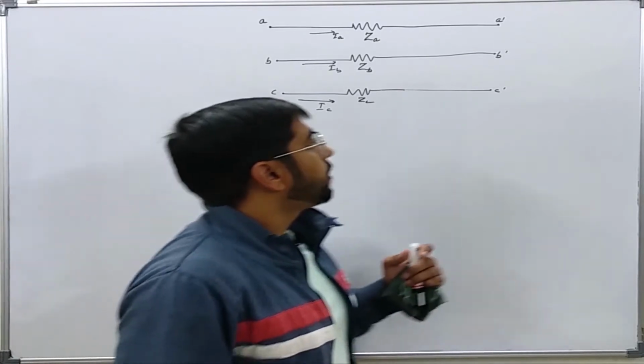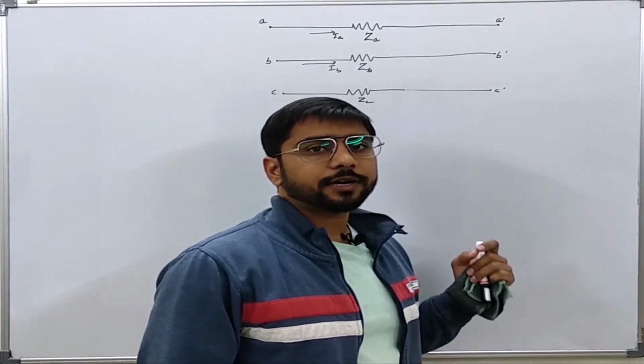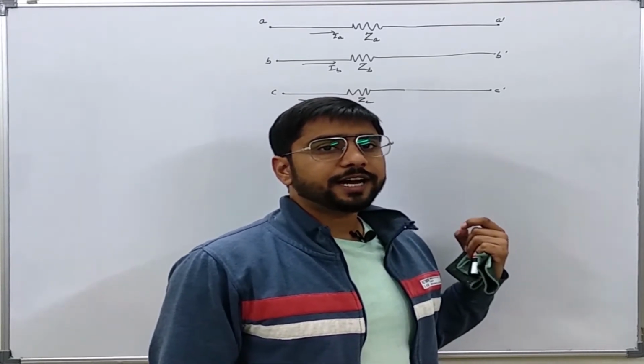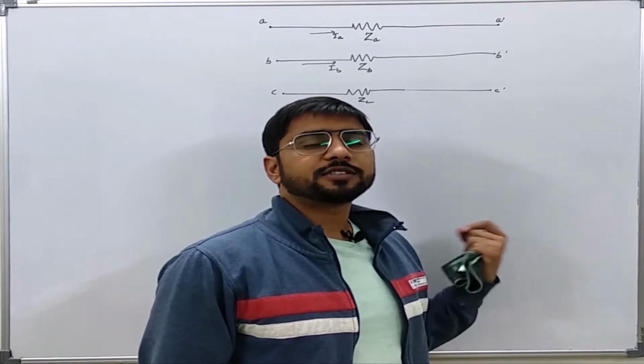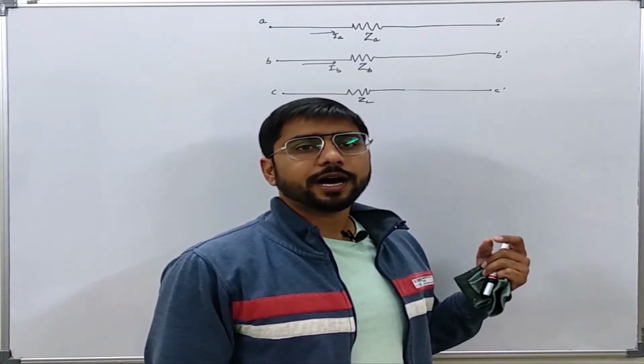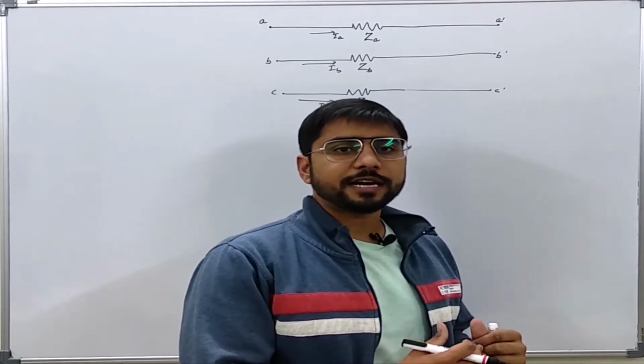Now, in one of our previous lectures, when we were studying the sequence networks or sequence components for a transmission line, we have seen that whenever the load is unsymmetrical, then the sequence networks are not decoupled. That is, there will be a coupling between the sequence networks.